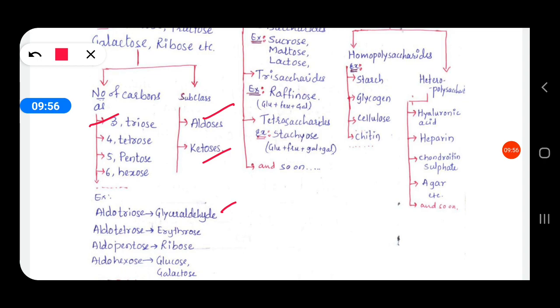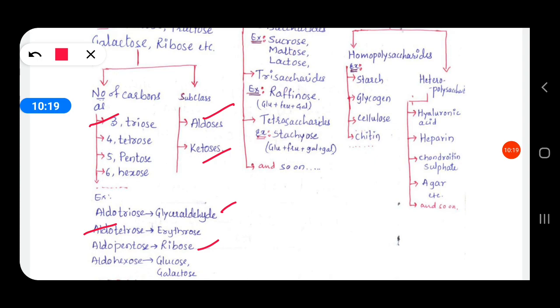Example, glyceraldehyde. If 4 carbons and aldehyde group is present, aldotetrose, example erythrose. Aldopentose, aldehyde group, and 5 carbons, aldopentose, example is ribose, xylose.